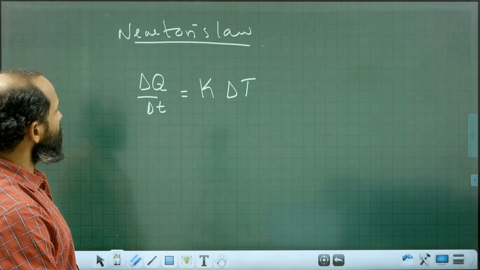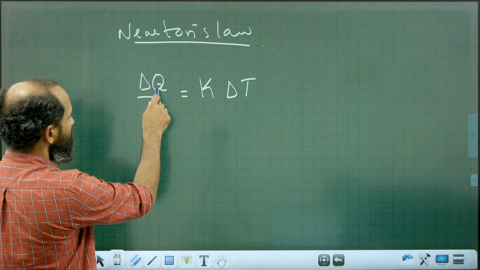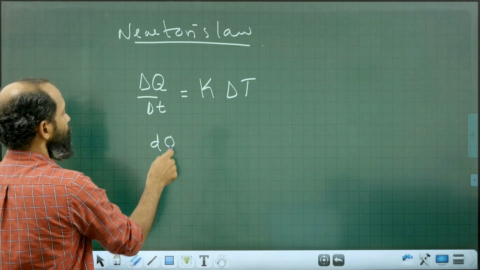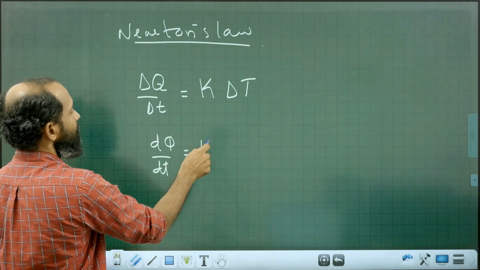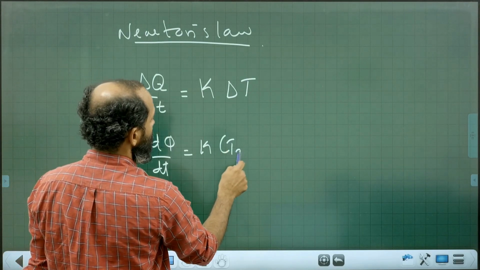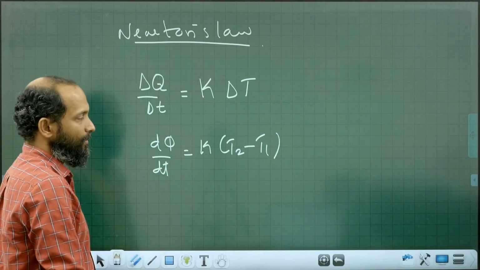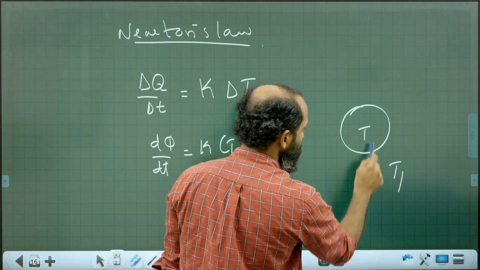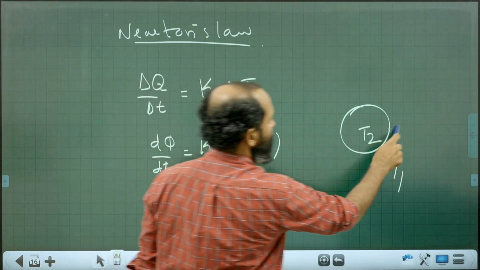The rate of heat is equal to K delta T. Delta Q by delta T equals K delta T, or in differential form dQ by dt equals K into T2 minus T1, where T1 is the temperature of the surroundings and T2 is the temperature of the hot body.